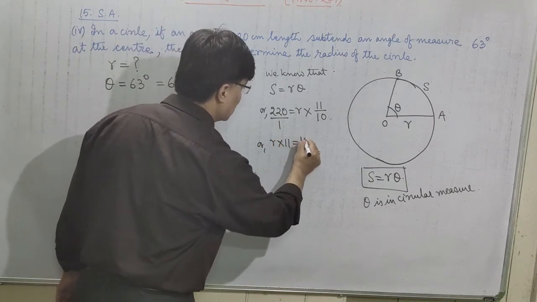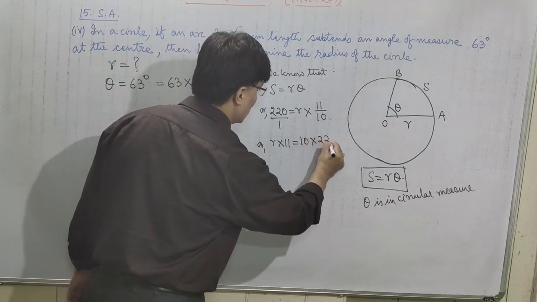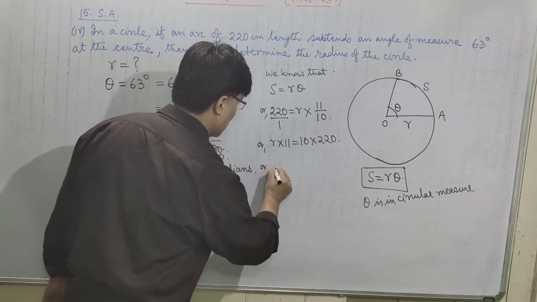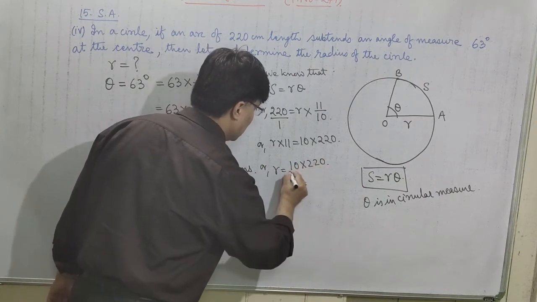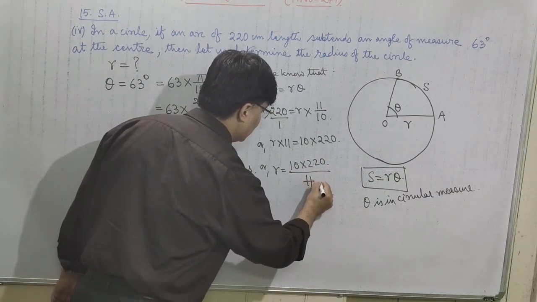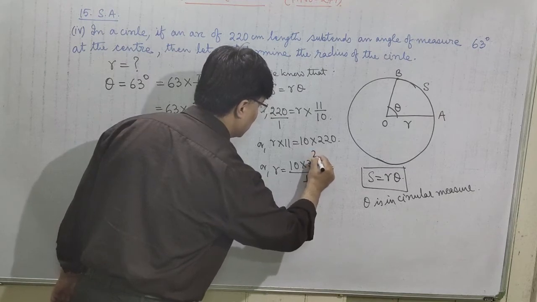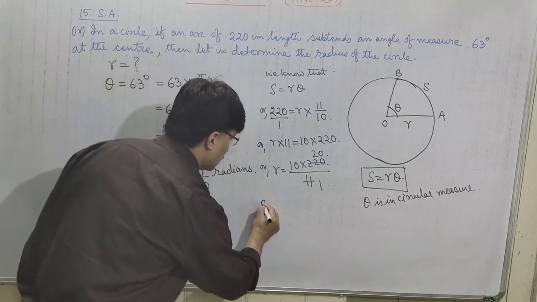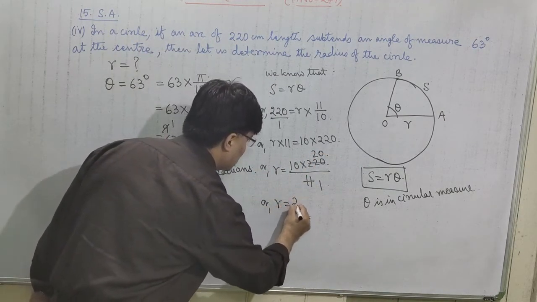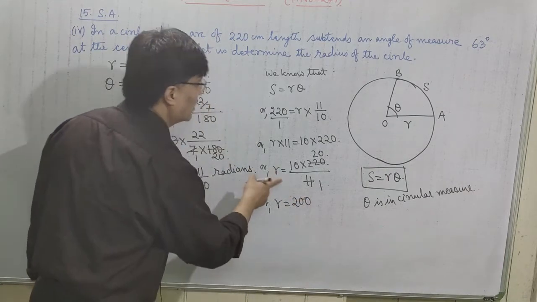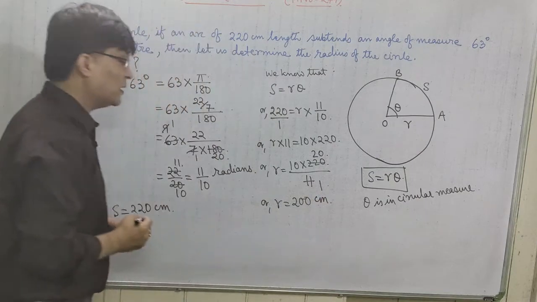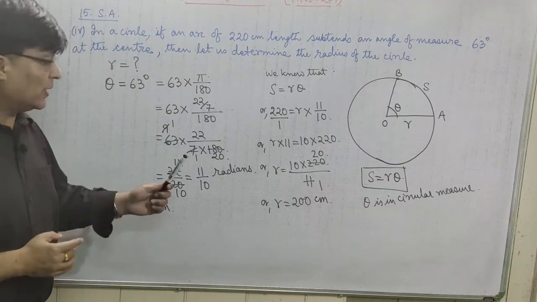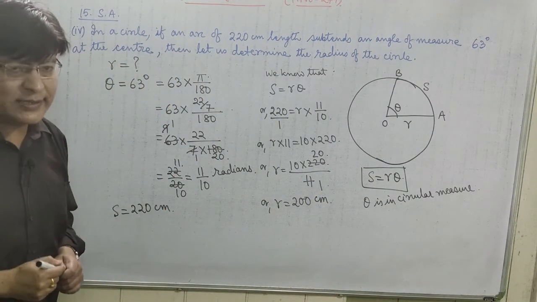R into 11 is equal to 10 into 220, or R is equal to 10 into 220 divided by 11. 11 twos are 22, 0. So 10 20s are, what is it? It is 200. What is the unit? Unit is centimeter. That is, what is the radius of the circle? The radius of the circle is 200 centimeters.